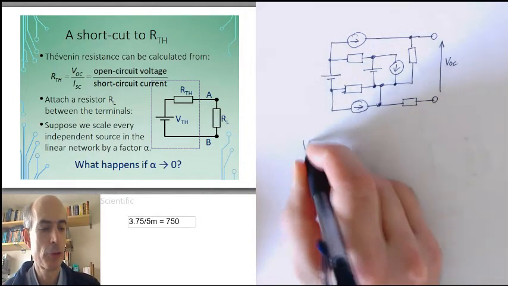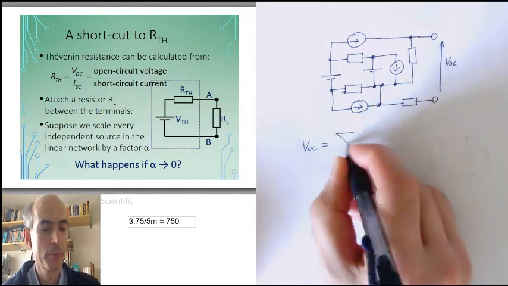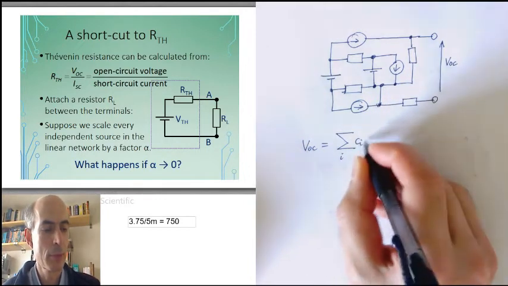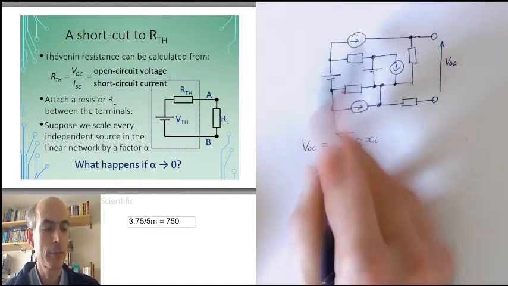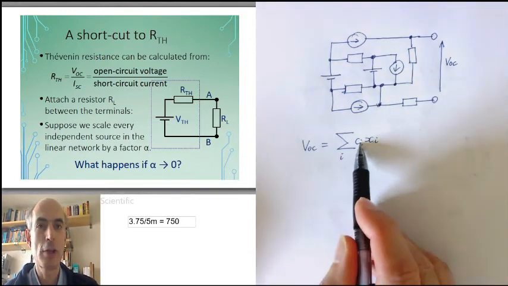I would have to be able to write something like this, where the Xi's are the independent current and voltage sources, and the C's are constants.